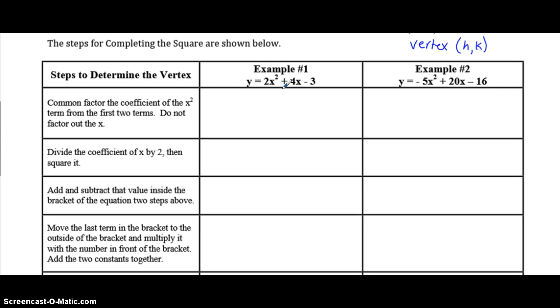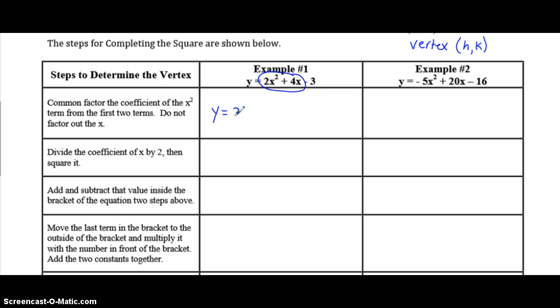So here we go. We're going to take this equation and we're going to put it into vertex form using 5 simple or complicated steps, whichever way you want to look at it. So the first thing is to common factor the coefficient of the quadratic term from the first two terms. Do not factor out the x. So that means from the first two terms, you're going to factor out the 2, not the x.